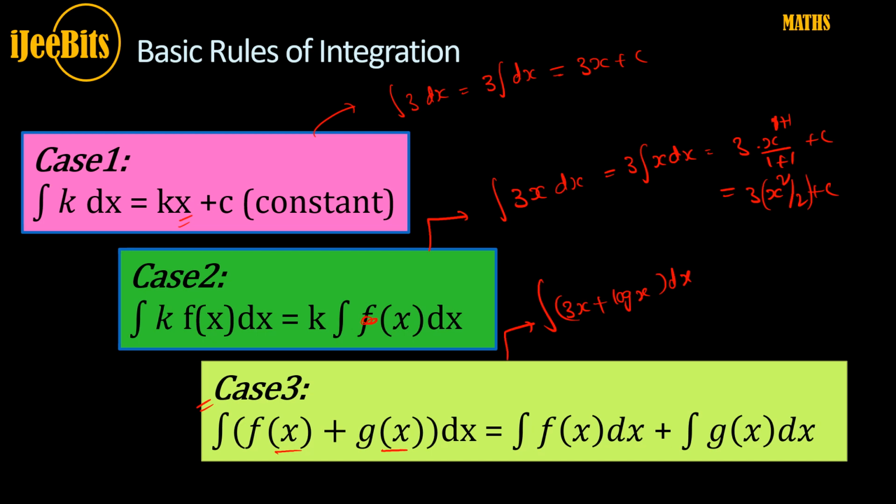This is like the f of x, g of x method. So what you have to do is 3x dx plus integration of log x dx. This is how you have to apply it. So rules case 1, case 2, case 3 are widely used in our integration problem solutions. Yeah, you have to remember.